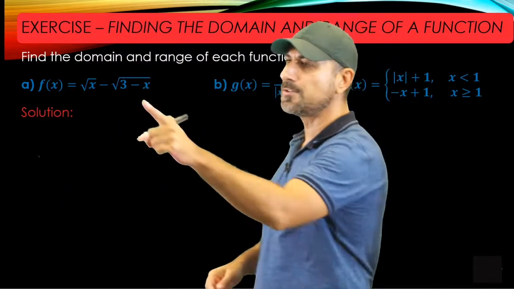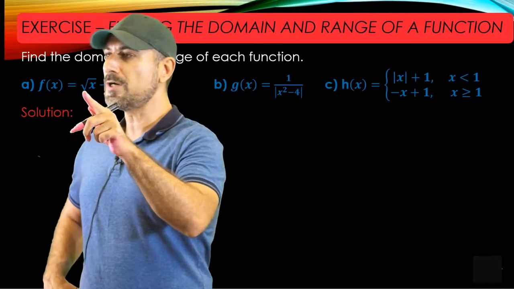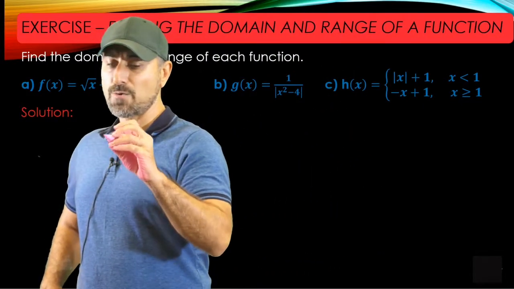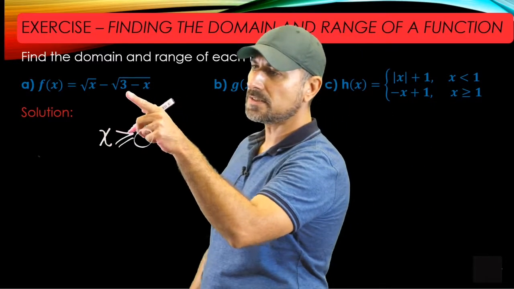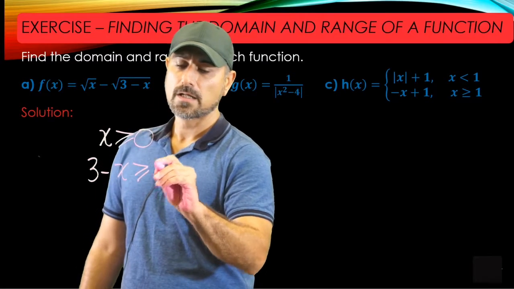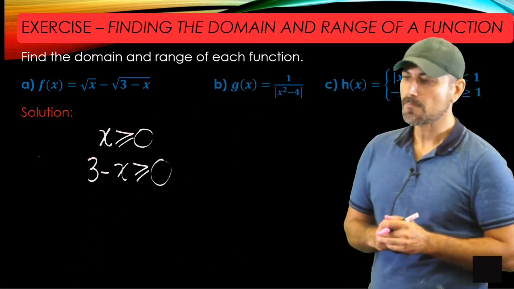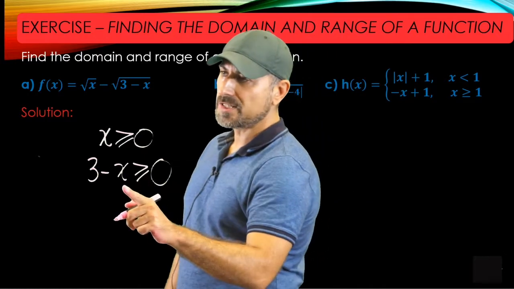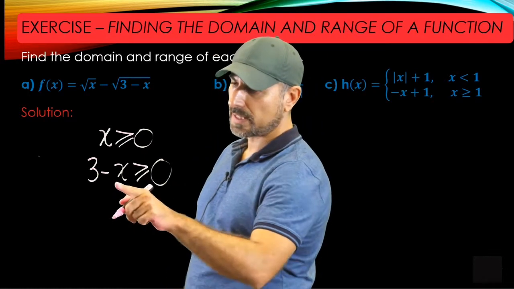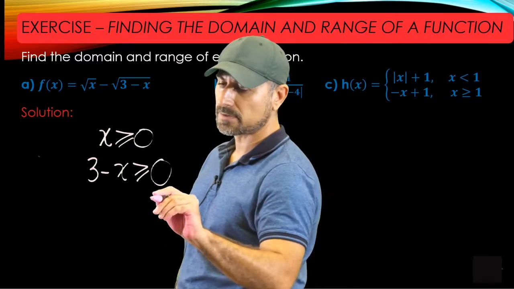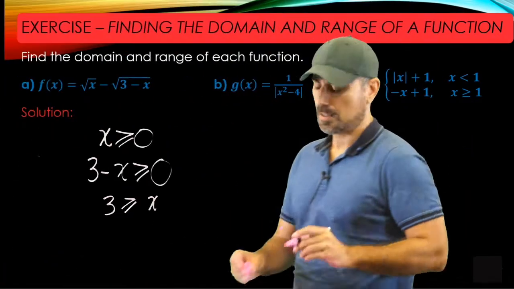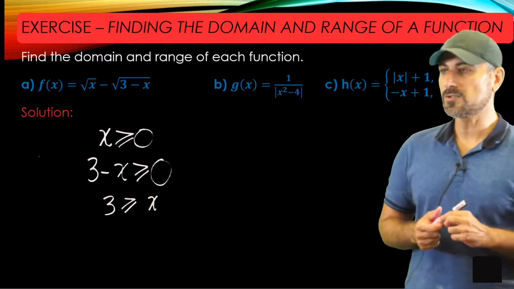I'm just going to follow this rule to look for the domain of the function. I have root x here, and for this expression, all I want is that x is non-negative. For this one, 3 minus x is non-negative. From algebra, we add x to both sides, so it becomes 3 is greater than or equal to x.